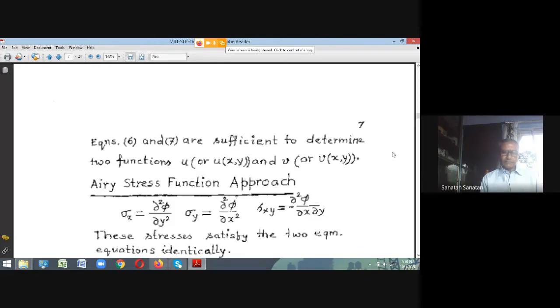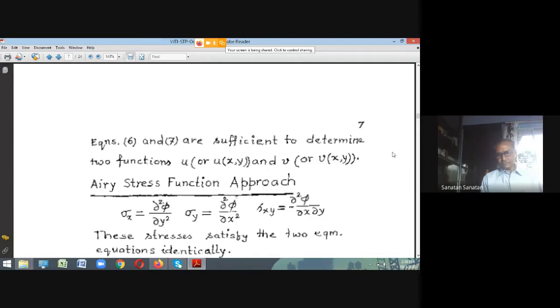It is represented by phi. If we write σx = ∂²φ/∂y², σy = ∂²φ/∂x², τxy = −∂²φ/∂x∂y.